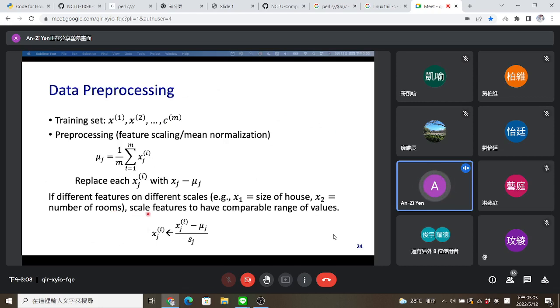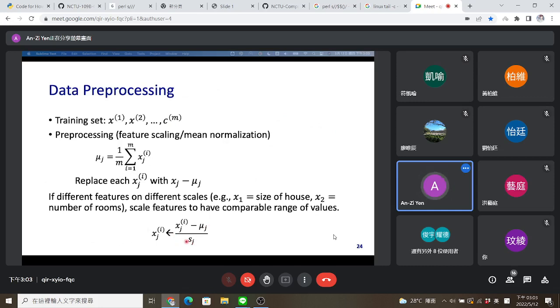And similar to what we have done, we would take x super i sub j, the j-th feature of x i. We would subtract the mean mu j, and then divide by sj.